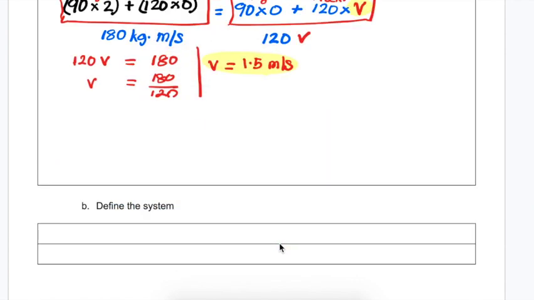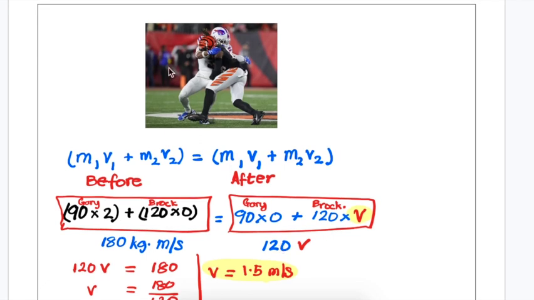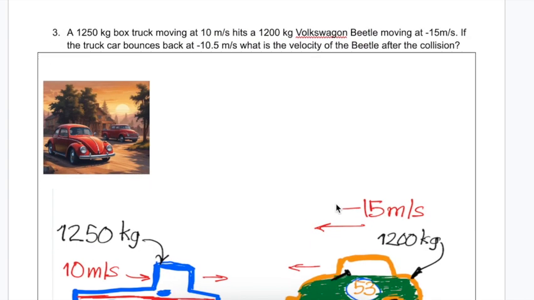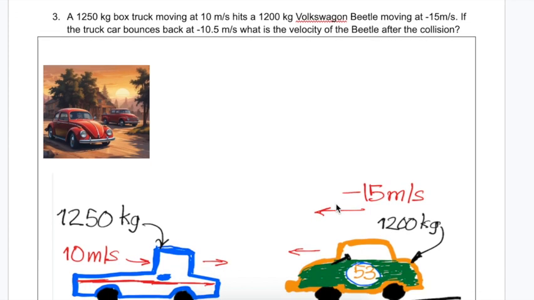In terms of defining the system, it's about what I explained here with this picture and putting it into some diagrams with arrows and masses to help you visualize or understand how the collision is happening. In this question, we will have a diagram to better define the system.